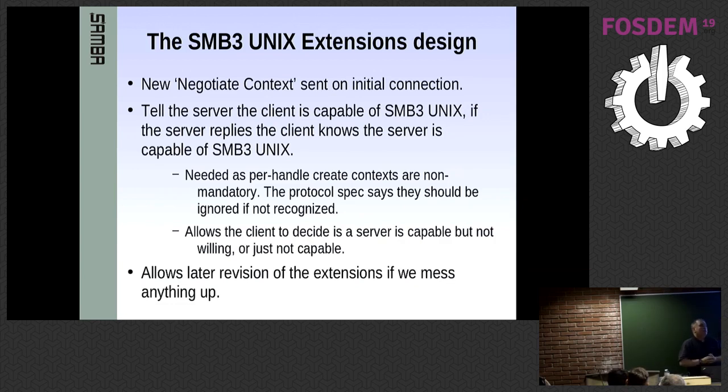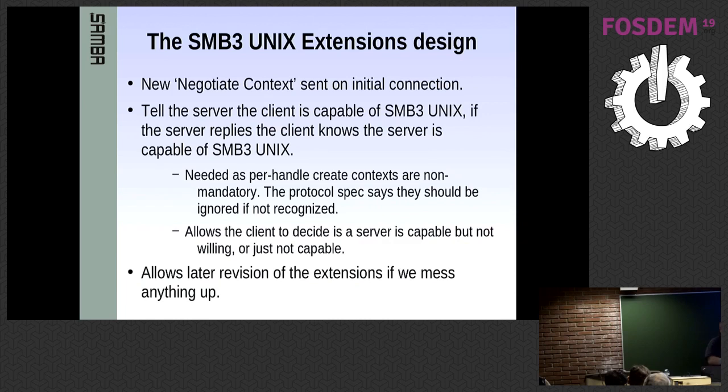And then one of the Microsoft engineers in discussion on this pointed out that we really need a create context, because if you start sending these Unix commands to the Windows server or to a server that you think might support them, and it responds to the rest of the create but not the Unix part, you don't know whether it doesn't understand what you're sending it and is ignoring it, or whether it understands what you're sending it, but is choosing to reject it on this particular operation.